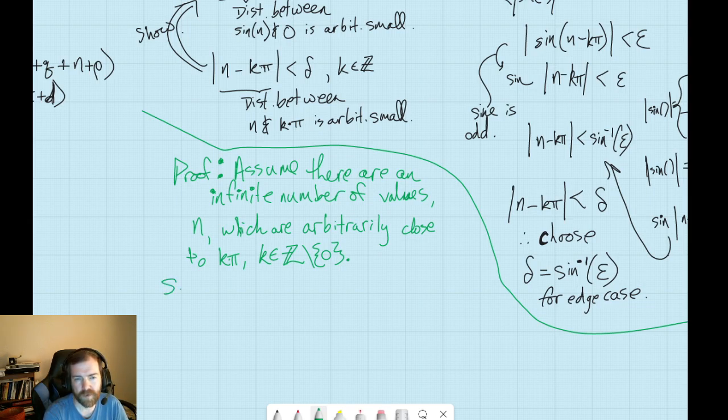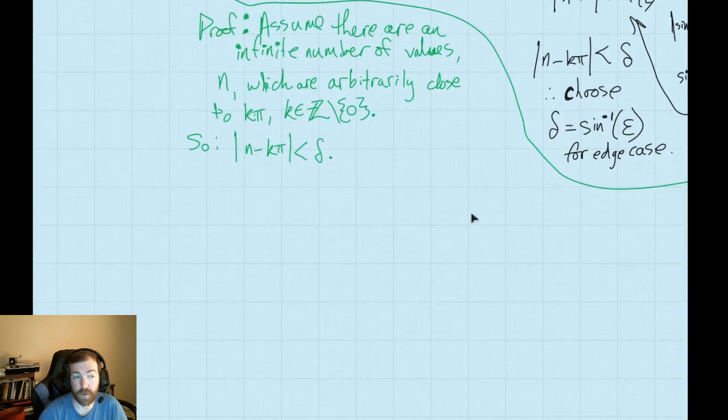So the distance between n and that k pi is going to be less than delta. Right? Some random delta. Totally random.